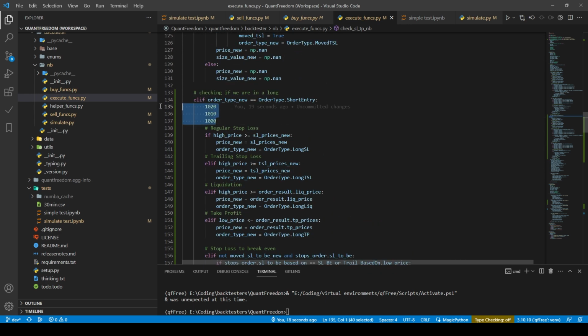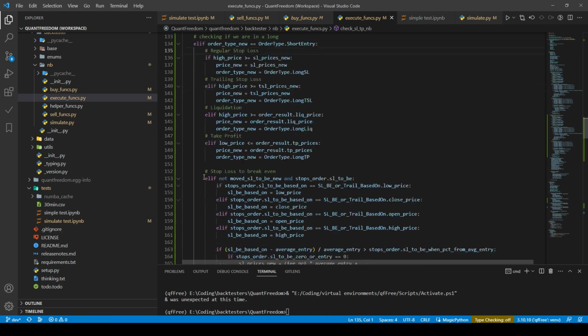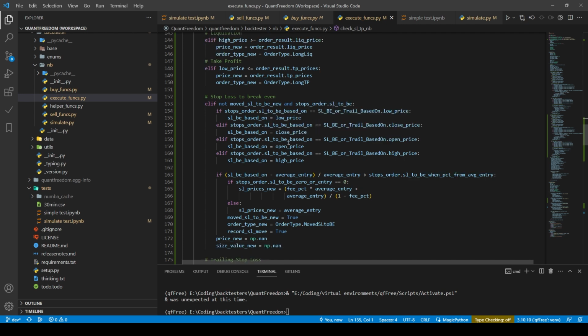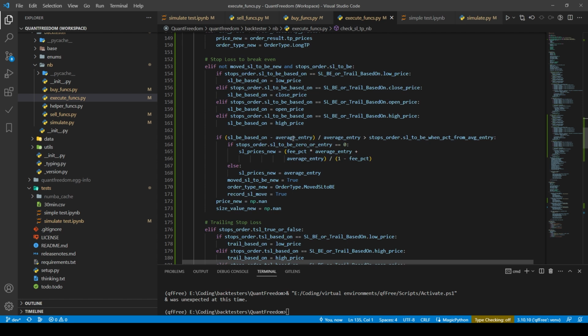Now we have to deal with this. Move stop loss to break even, stop loss to break even. Oh my god. So now I have to do this minus. So if our average entry minus this is greater than this, okay.